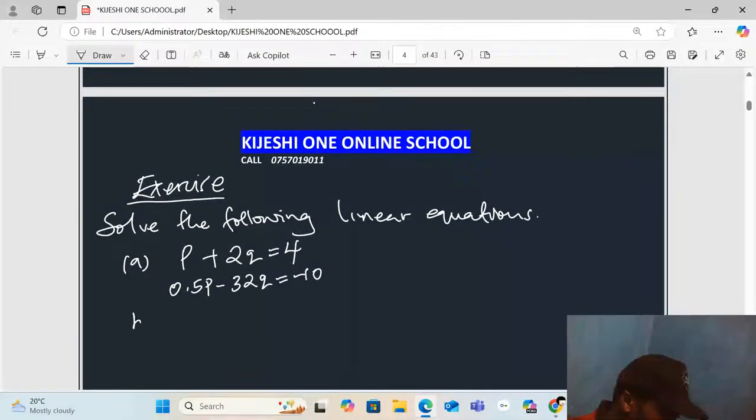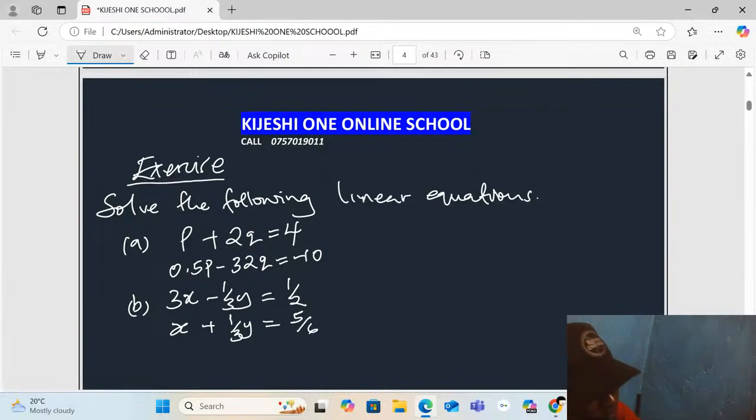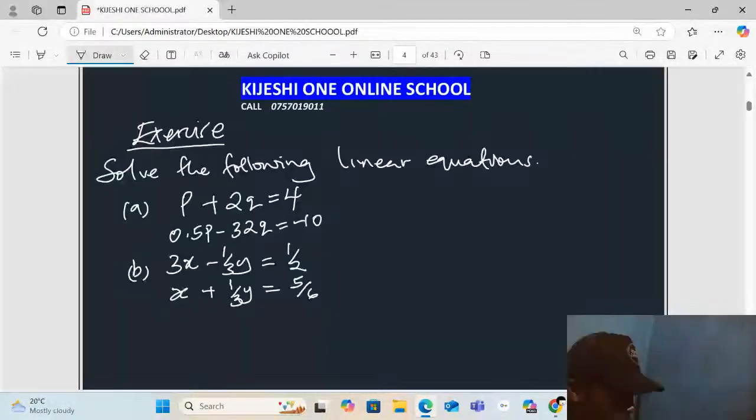Then we have B: 3x minus a third y equals a half, and x plus a third y equals 5/6.